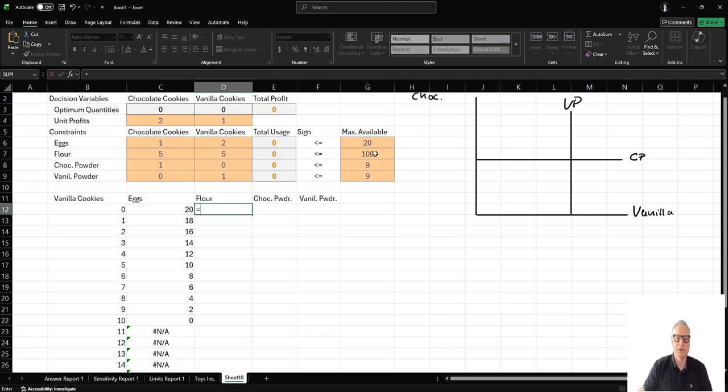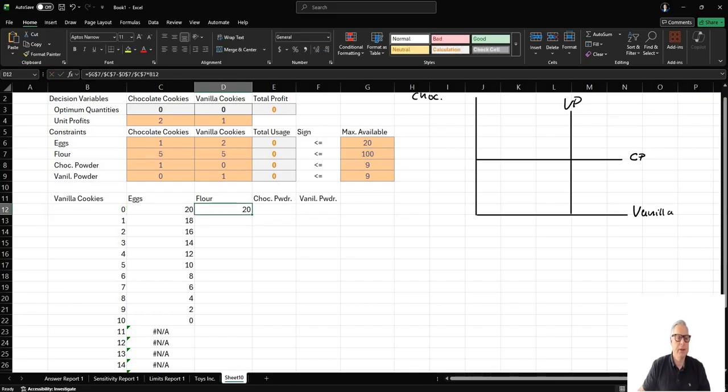Again, we start by taking the maximum available, divide by the coefficient for the chocolate cookies, then we divide by the ratio of the vanilla cookie coefficient over the chocolate cookie coefficient times cell B12 where we have the quantity for the vanilla cookies.